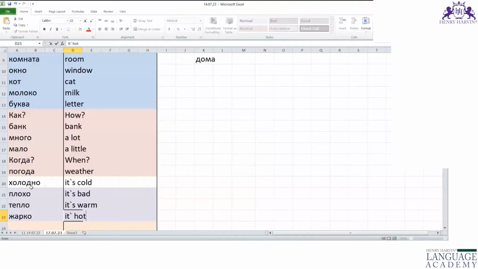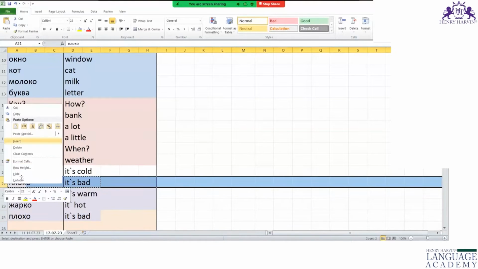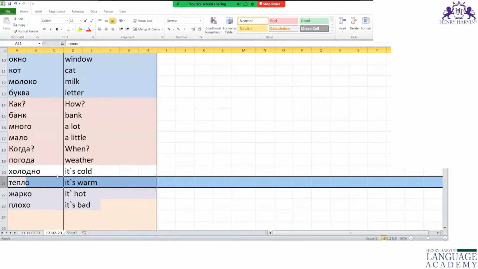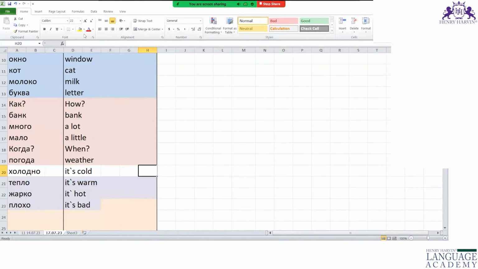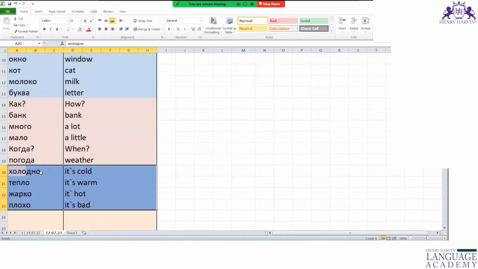So we have холодно, тепло, жарко и плохо. So remember these four words. Next time I will ask you, how is the weather? Как погода? You can say холодно, тепло, жарко.